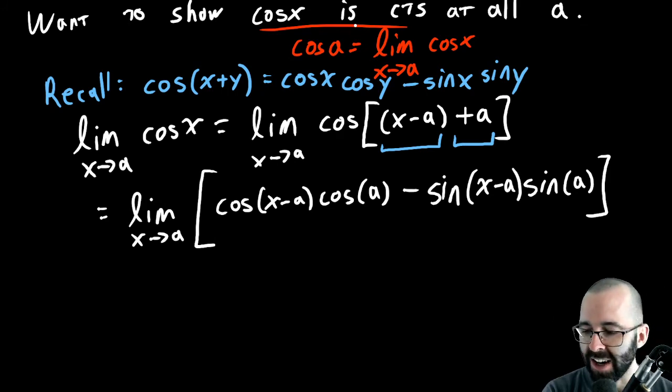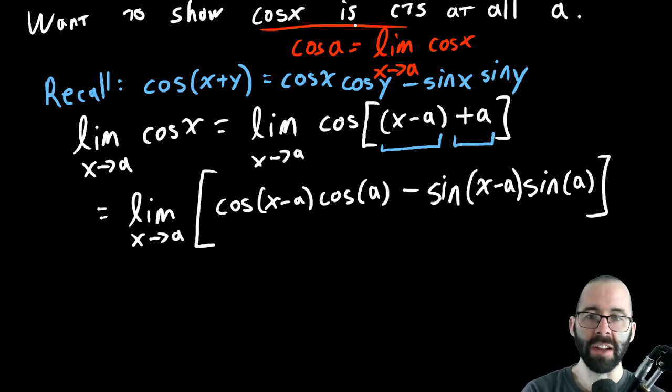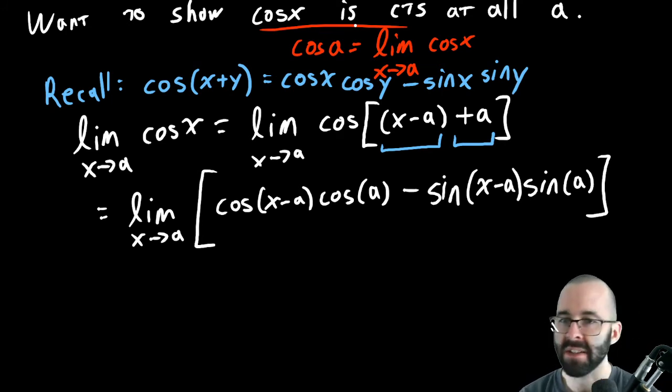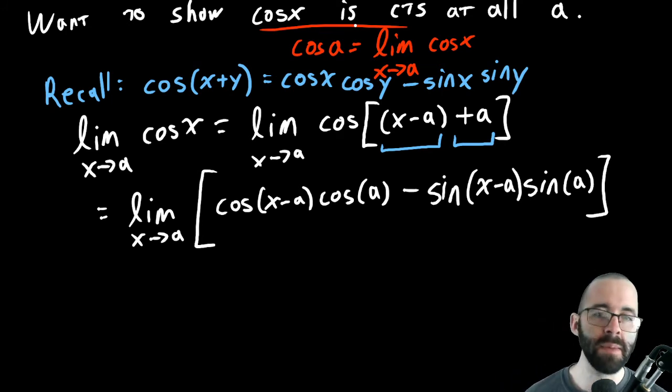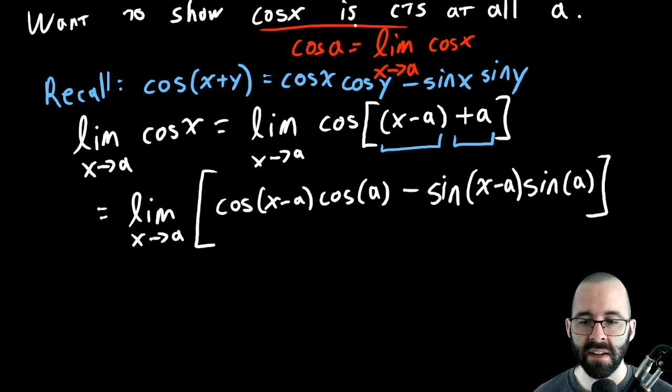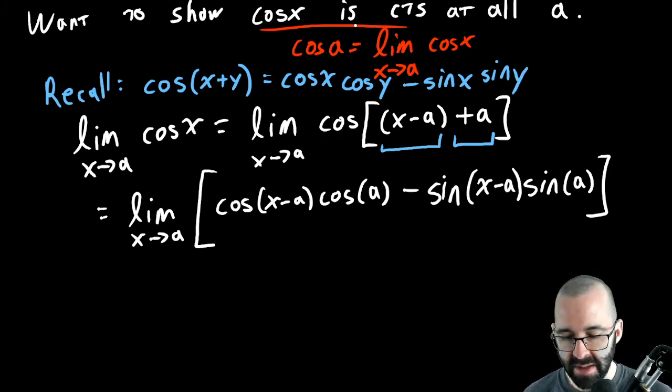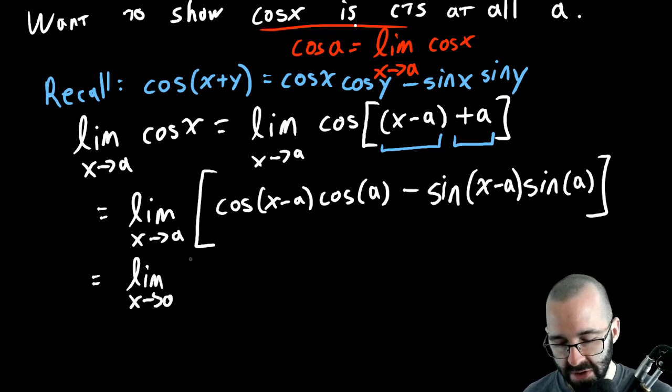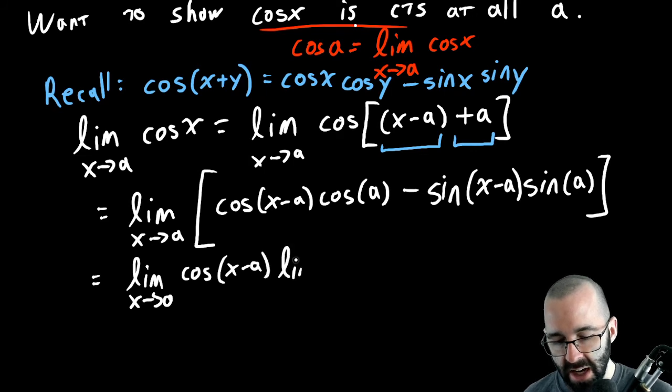All right, so now we can use some limit laws. We have two things subtracted, we have things multiplied, and as long as all these limits exist, we can use limit laws to simplify a little bit. So this is going to be the limit as x approaches a of the cosine of x minus a, times the limit as x approaches a of the cosine of a.